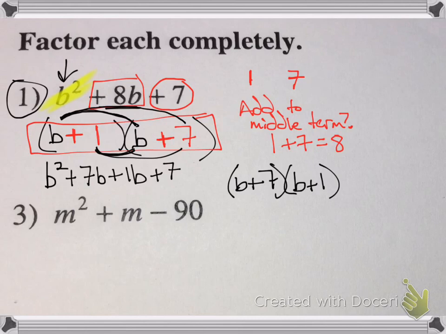Okay? And now, finally, we would combine these two terms in the middle. And this is what I meant when they have to add up to the middle term. Here, we're going to end up adding both of these. So what do those add up to? They add up to our 8b in the middle.